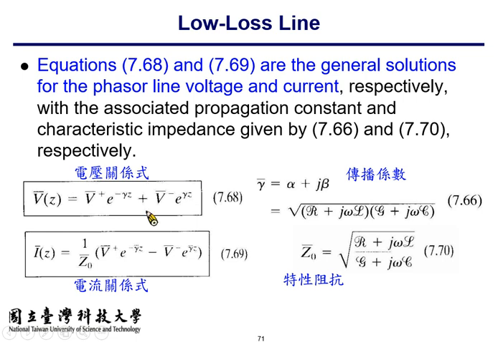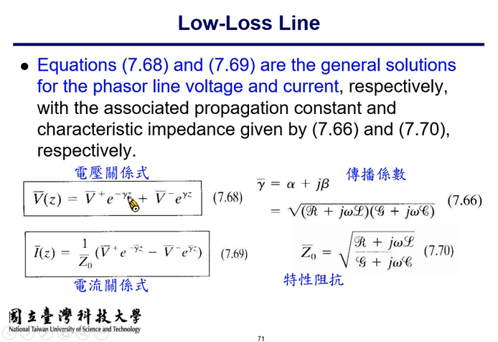And to the left are the transmission line equations for the voltage signal and current signal. We have seen the transmission line equation many times. The only difference compared to the lossless line is that the minus j beta z term is replaced with a minus gamma z term.